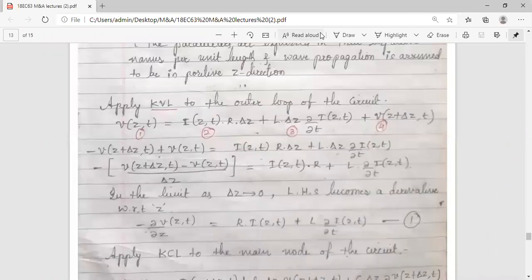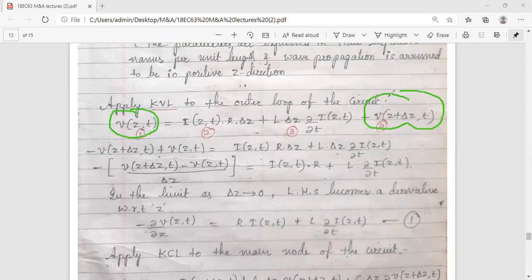Okay, now let me just have a little bit of adjustments. What I will do, let me keep these voltage values, first and the last term, all together. One is positive, the other one is negative, is equal to remaining 2 terms as it is.